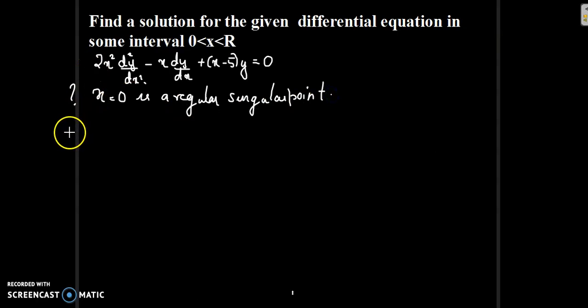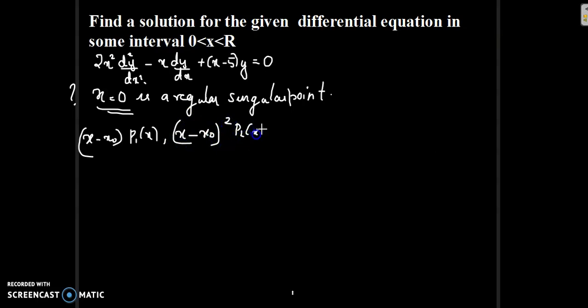How are we going to check whether x equal to 0 is a regular singular point or not? The format is (x minus x naught) into p1 of x and (x minus x naught) the whole square into p2 of x. Both of them should be analytic at x equal to x naught for the singular point x equal to x naught to become a regular singular point.